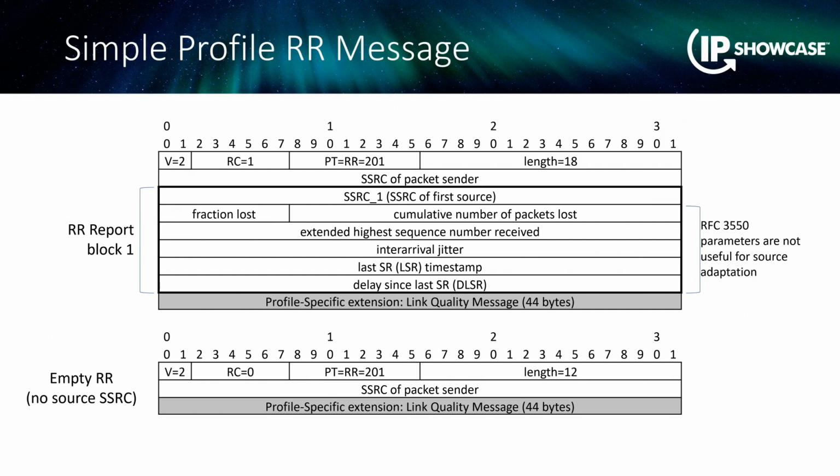There was some stuff there already in the receiver report. We took a quick look at it and said, yeah, that's not useful for us. So we need to add more stuff. So you either put that or an empty RR. So RC equals 1 or RC equals 0. So both work. You just add the information at the end as allowed by RFC 3550.